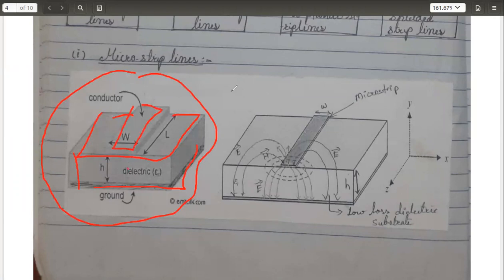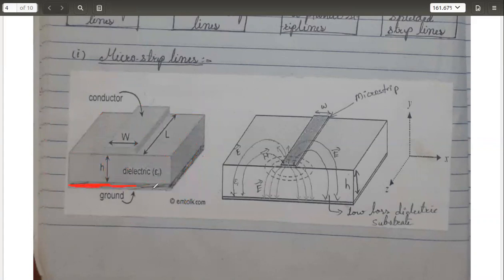You can see you have a dielectric here, that is epsilon r, and this is the height, and this is your ground plane. You can identify the shading: this is your ground plane. You have a material fixed above it, the dielectric, with dielectric constant epsilon r. And you have one strip here, the microstrip.